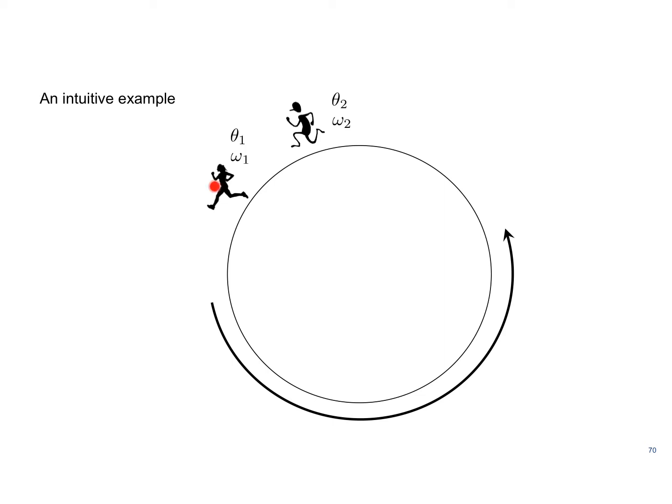This girl is pretty fit, so she completes circuits pretty fast, so her angular frequency is pretty fast. And this guy is a friend of hers, but is not in as good shape, so he completes the same circuit at a very low frequency omega 2.